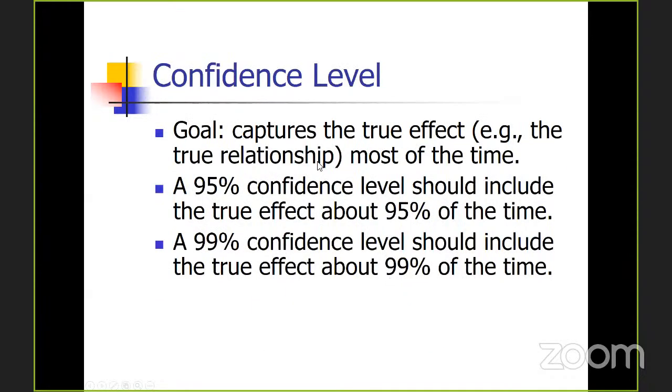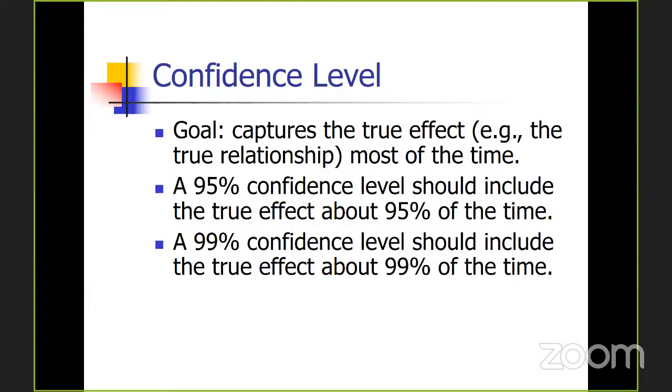All right, so at the end of it, what we really want to do when we're doing any research study is to figure out the true effect as much as possible. The 95% confidence level gives the true effect 95% of the time. So that means that if you did the experiment 100 times, only 95 times you get the real correct result. That's why when you do any study, even an experiment, you can only say this study suggests or this study indicates.